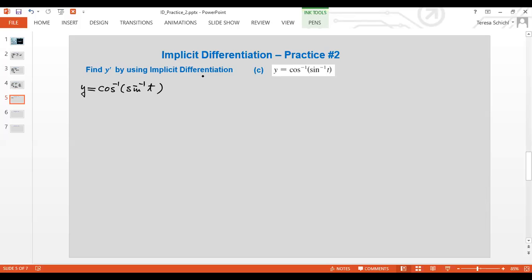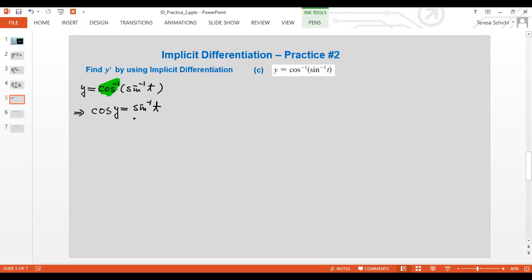All right. So the same way as here, right? So y equals arccosine, so that means I can change it, that means the cosine y is equal to what? It is equal to the arcsine t. So the cosine y is equal to the arcsine t here.